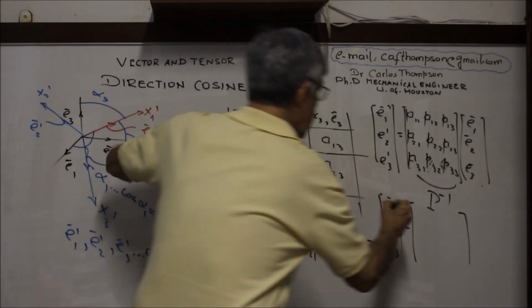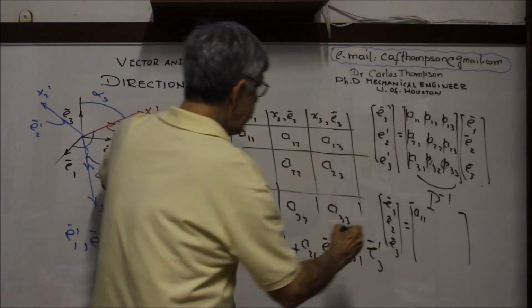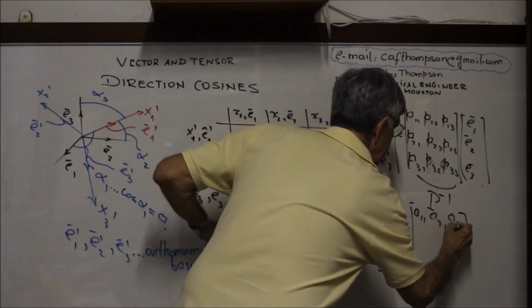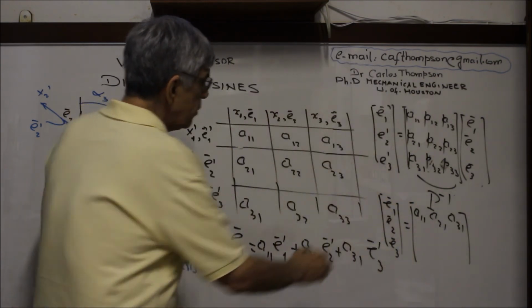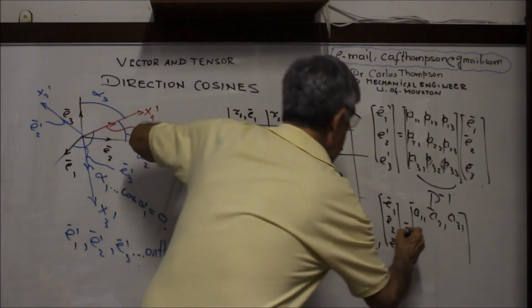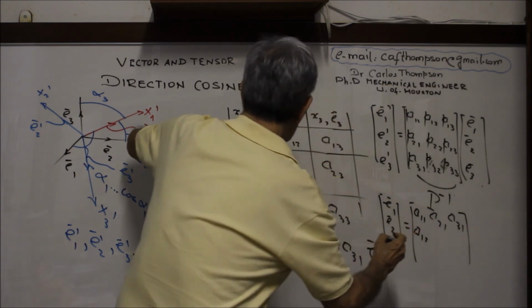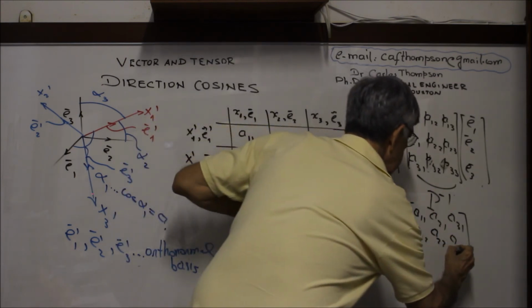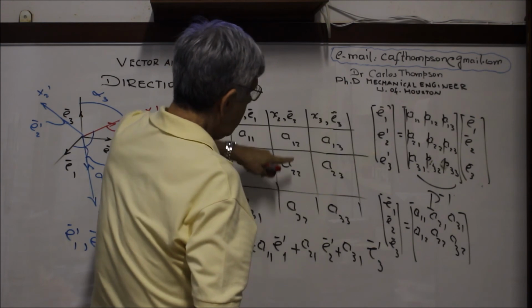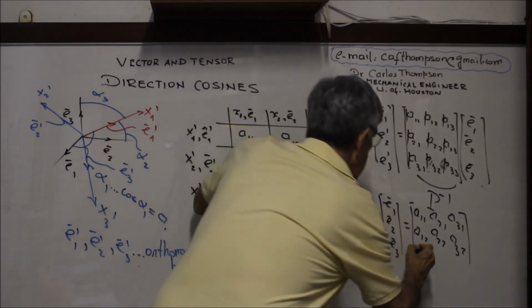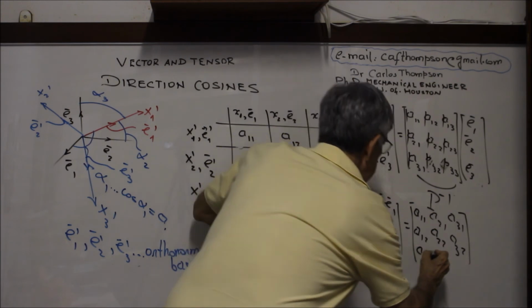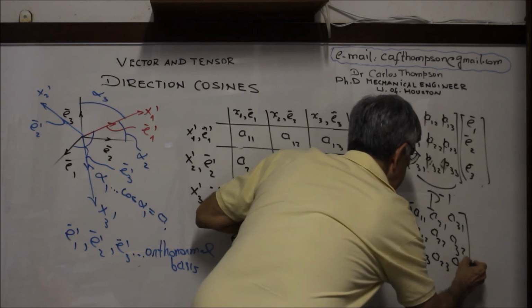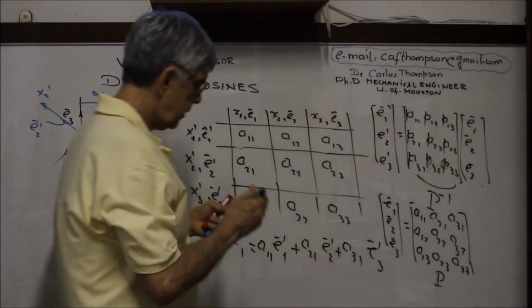The first column will be the first row: A11, A21, A31. The second column will be the second row: A12, A22, A32. The third column will be the third row: A13, A23, A33. So this will be P.